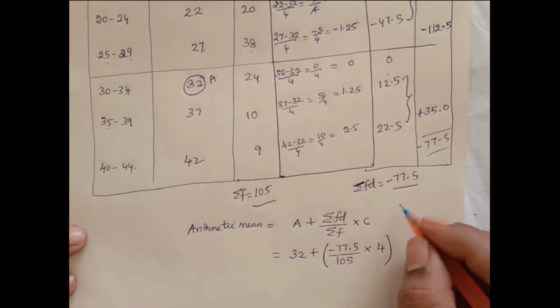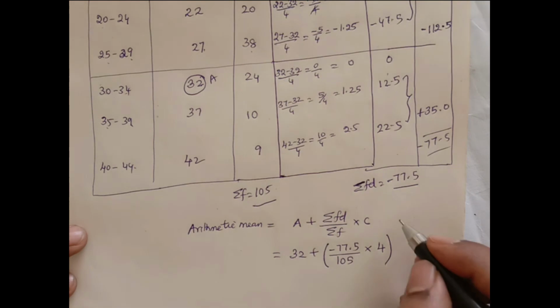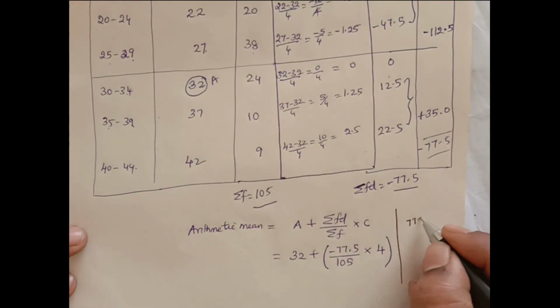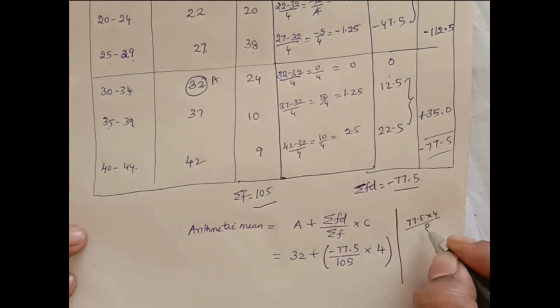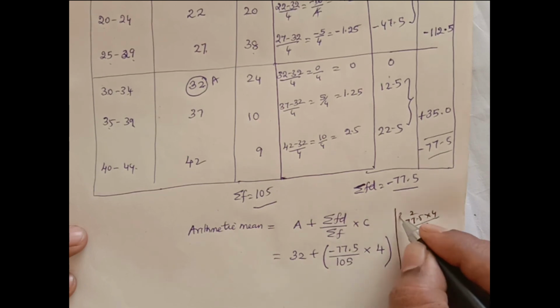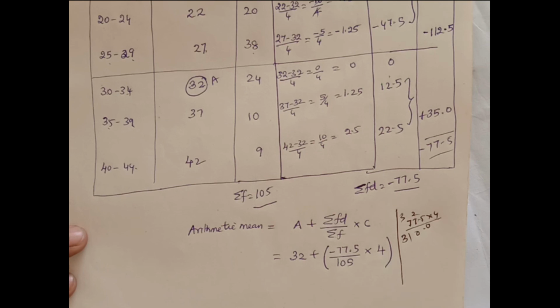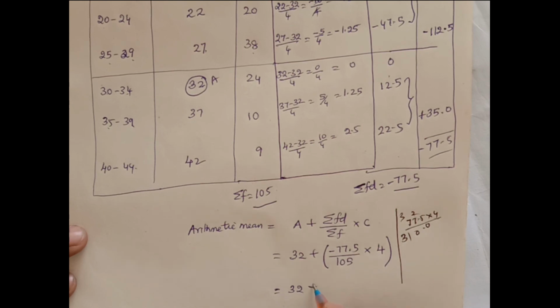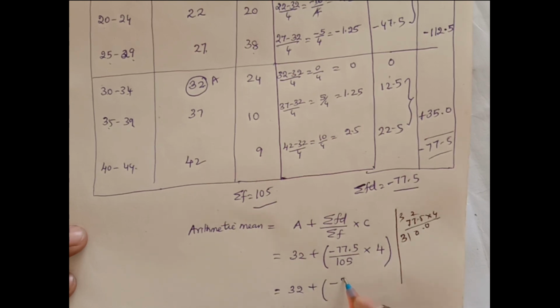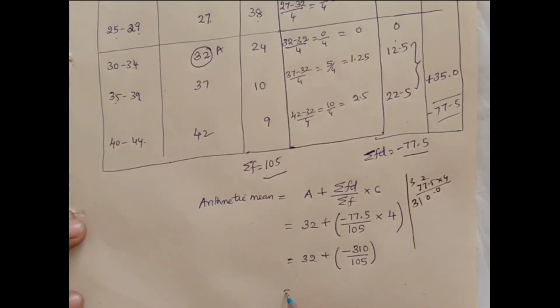It's clear, children? Now you are going to calculate 77.5 into 4. 4 5s are 20, 28, 30, 28, 20, 31. So 310 divided by 105, that is equal to 32 minus 310 divided by 105.